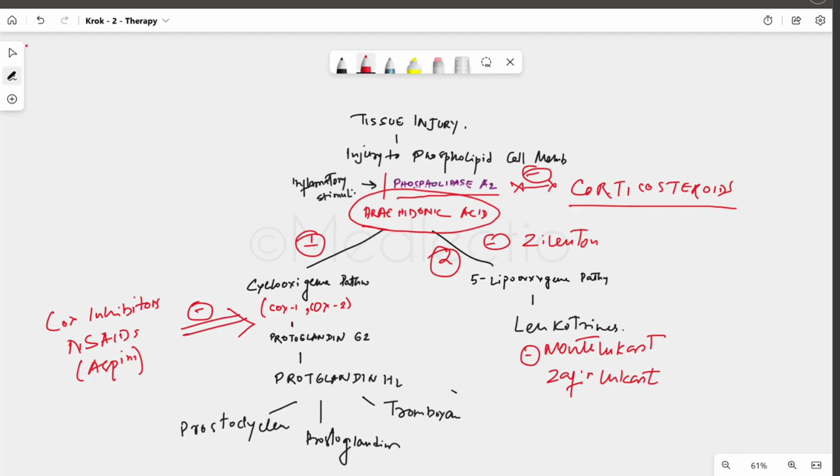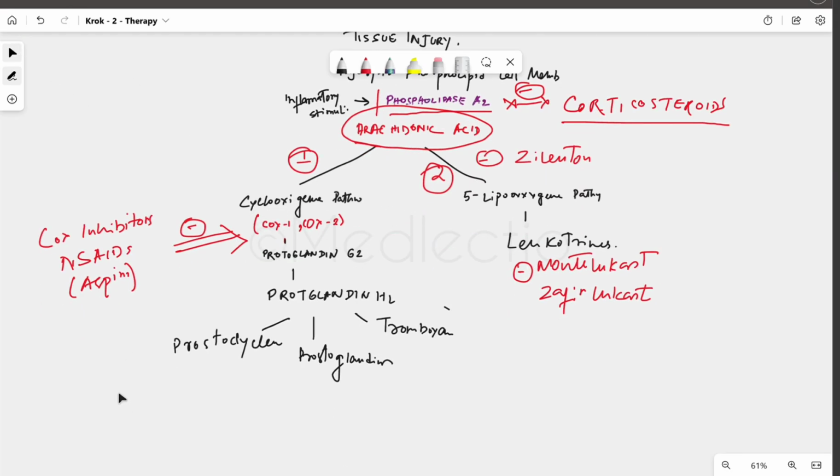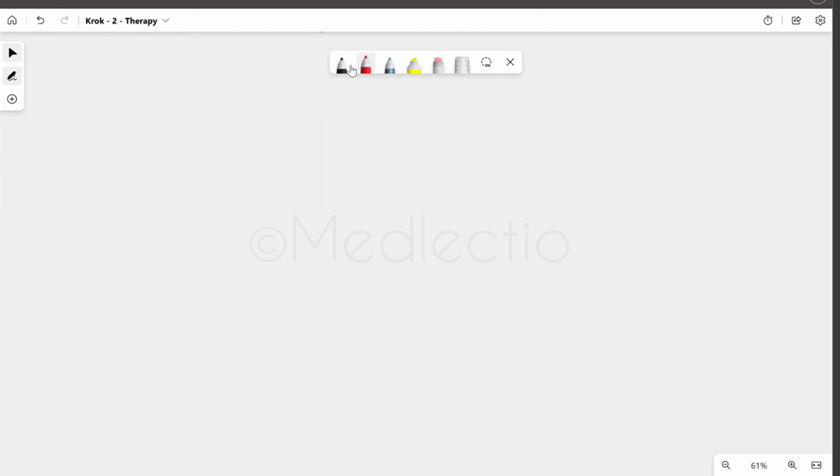You know something about carpal tunnel syndrome, right? So we need to know about the nerve supply of our hand. Sorry about the drawing.